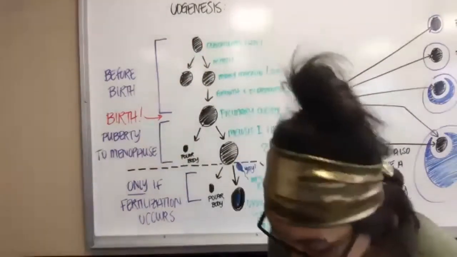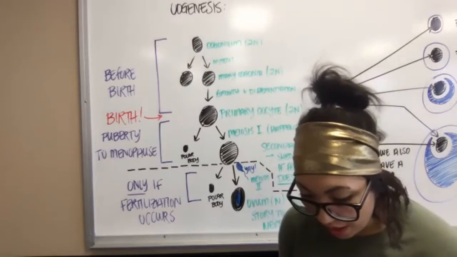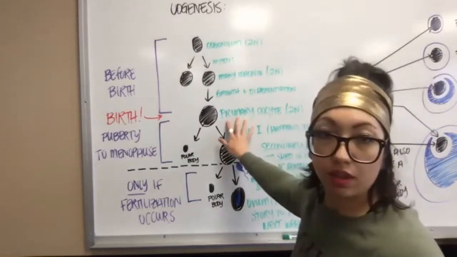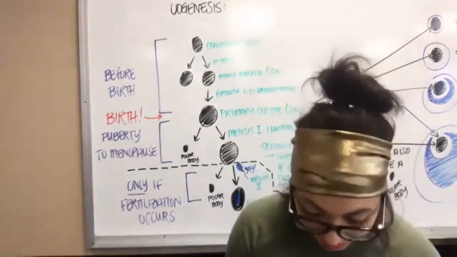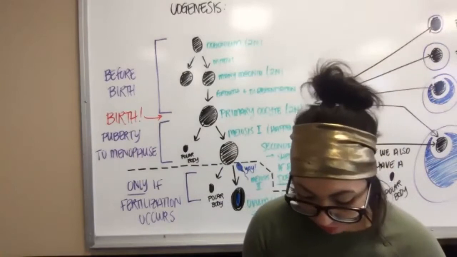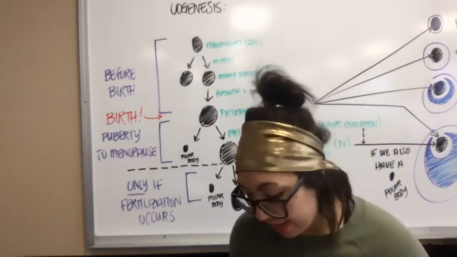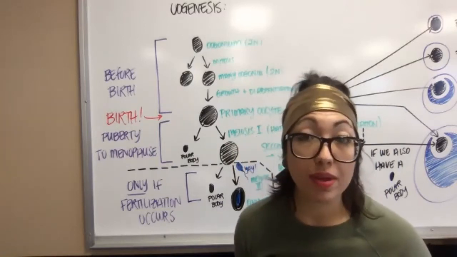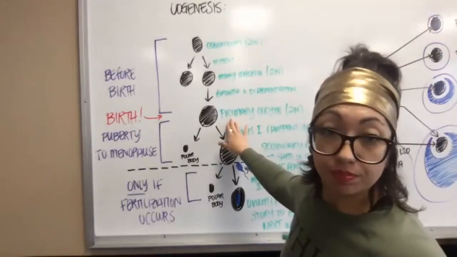Yep, very good. And will develop into what? Which are all formed before birth. Yes, very good. Primary oocytes. So the oogonia are found originally on the outer surface of the ovary and will develop into primary oocytes.